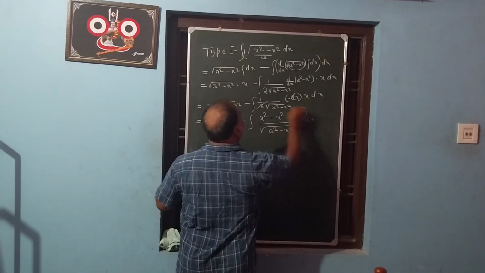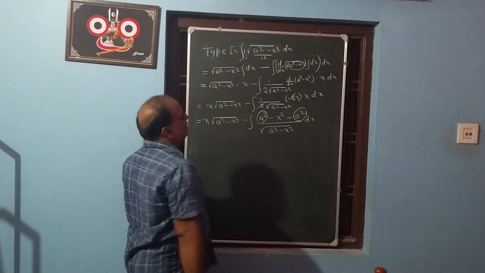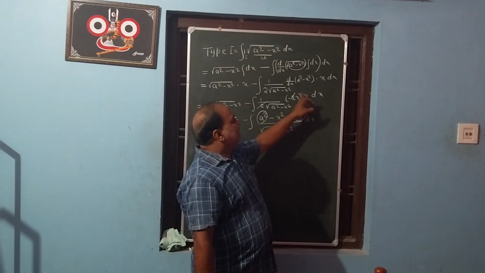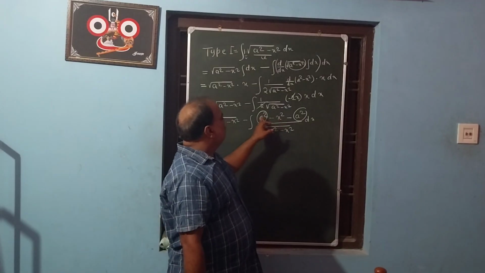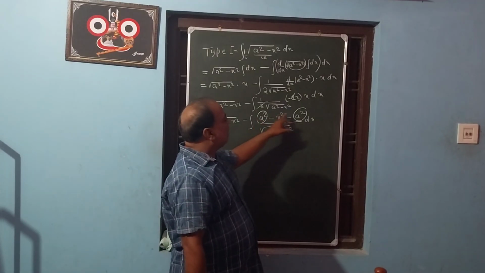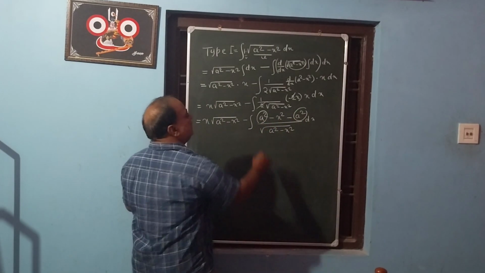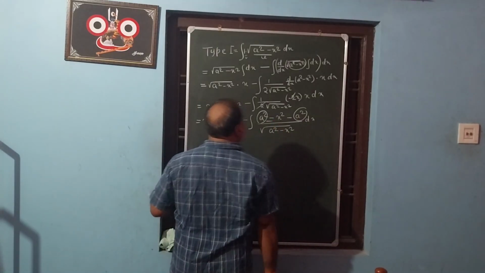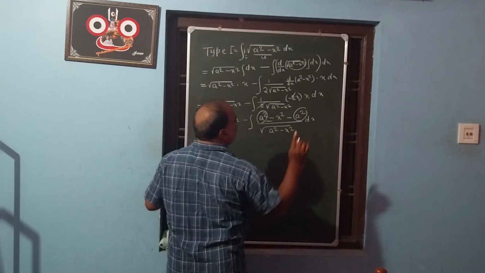So a square is added and subtracted. Here x into x gives minus x square, so we add a square and subtract a square, and break this into two integrals.